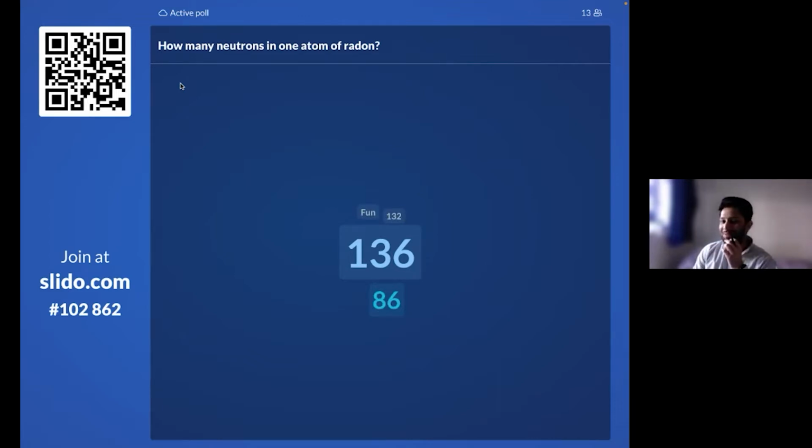So 222 and 86 were the numbers, and then 136 just seems to be getting bigger and bigger and bigger. Amazing, yeah. Okay, so 136 has got the most votes by far. Well done, everyone. And you'll be right.